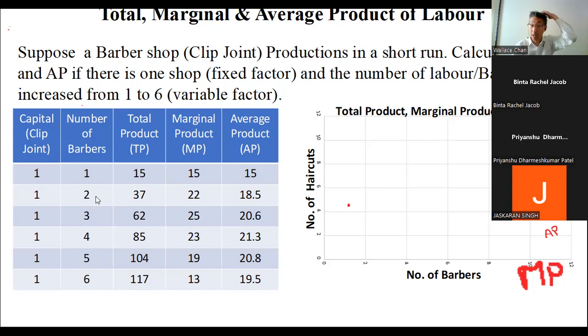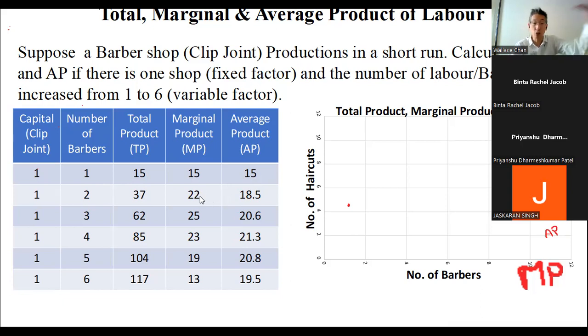If you have two barbers, then the total product is 37. Why? Because the first barber has produced 15. But the second barber, according to what we see here, has produced 22.